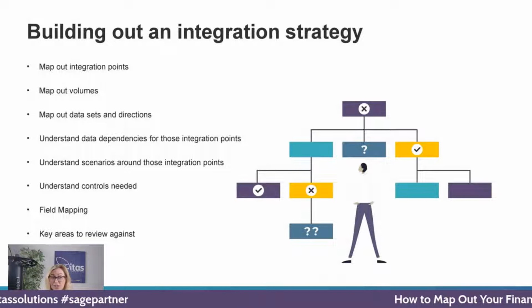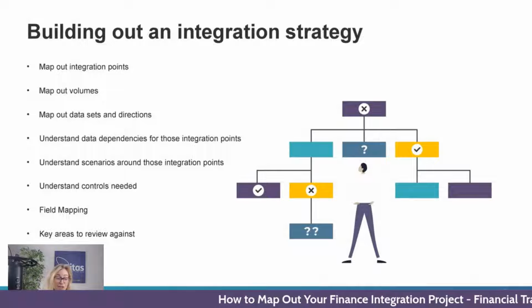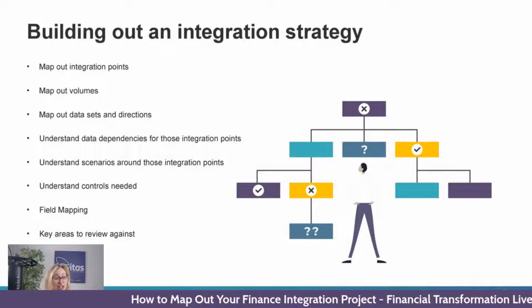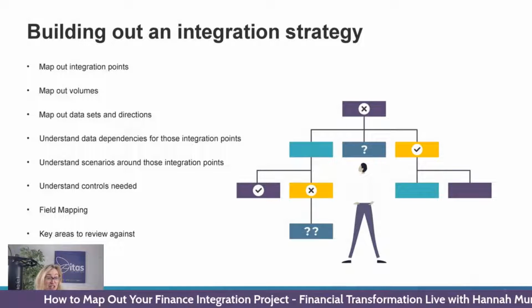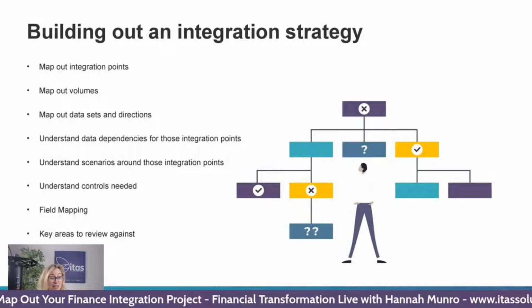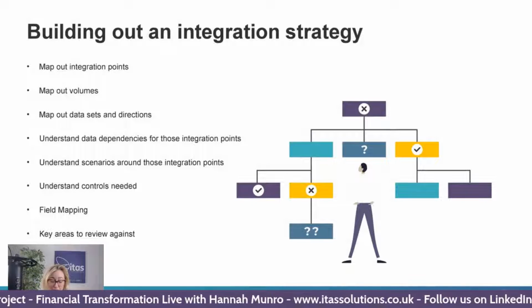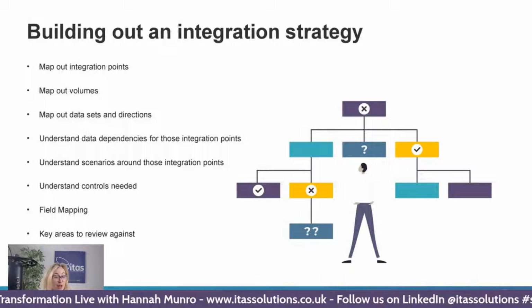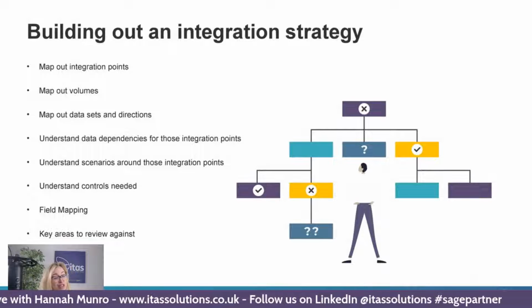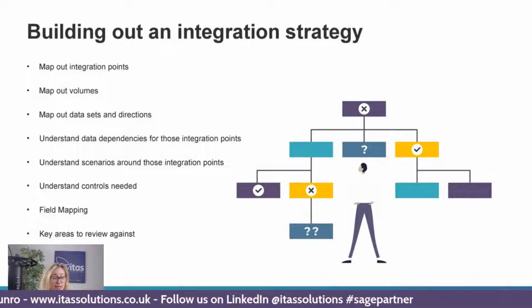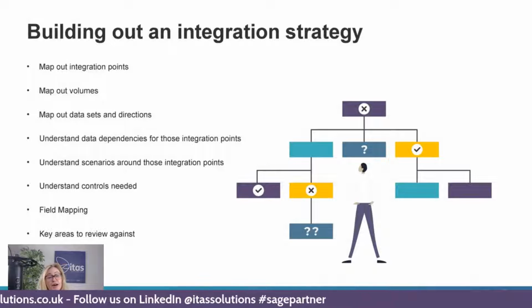The other thing you can do, though I haven't put it on mine, is add time. It could be that one integration, even though it has less volume, takes up more time with your finance team or creates more problems. So you might want to put a number on that, in terms of the number of errors that come through, the number of issues caused, or the time it takes to manage those.